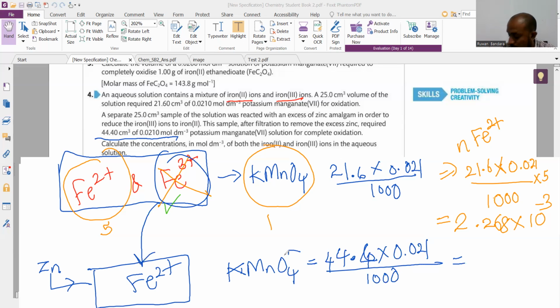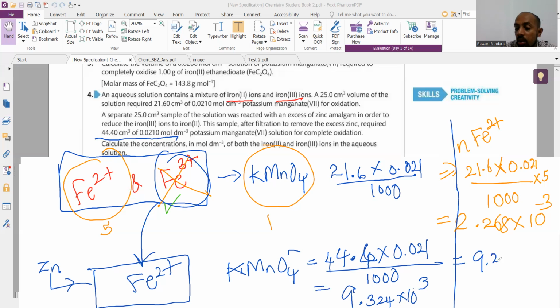Right? So then we can get the moles of Fe2 plus again as 9.324 10 to the power minus 3 and that answer into 5.